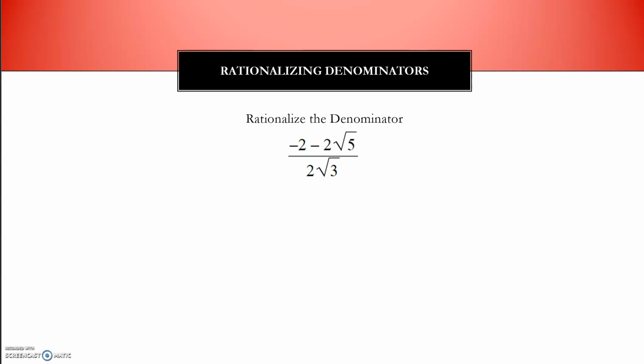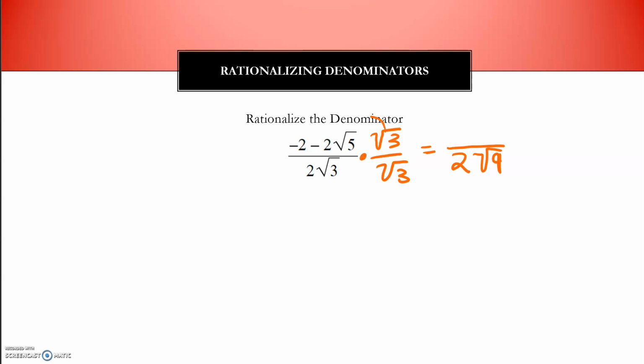So we have root 3 in the denominator, so that's what we should multiply both sides, or top and bottom, by. So we put in our root 3's, and then I'll do the denominator first. We would keep the 2, because 2 root 3 times root 3, there's nothing outside, so it stays 2, and then root 3 times itself becomes 9.